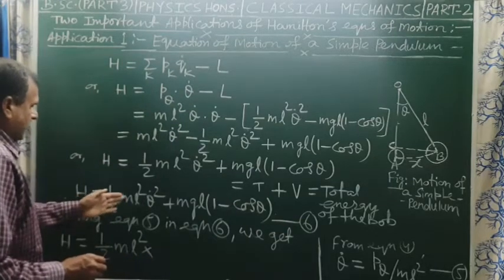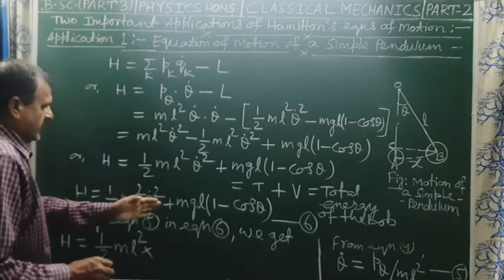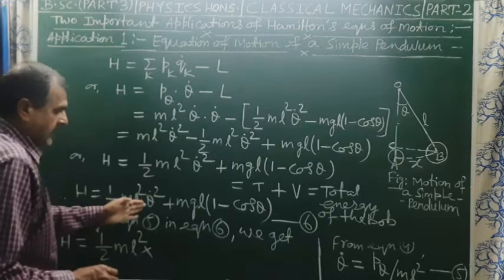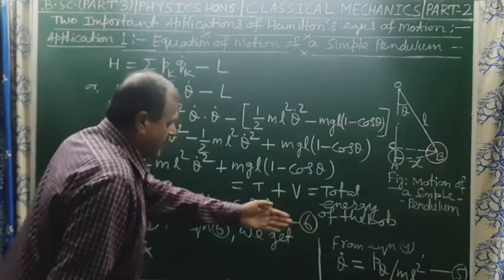So 1/2 ml square theta dot square plus mgl(1 minus cos theta), and in place of theta dot we write p theta upon ml square.